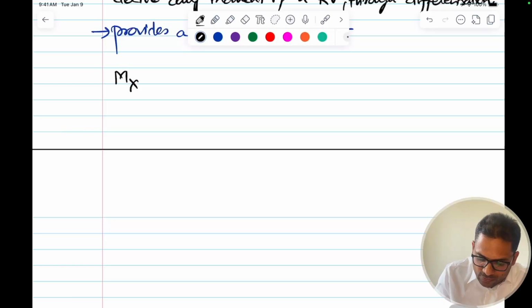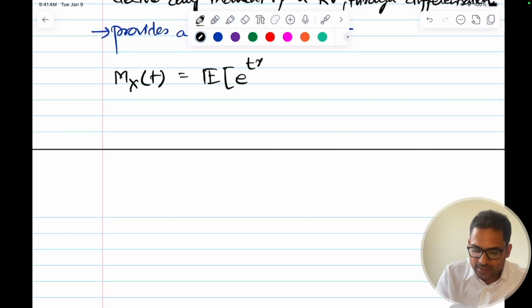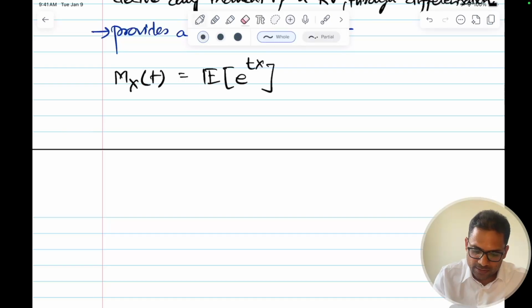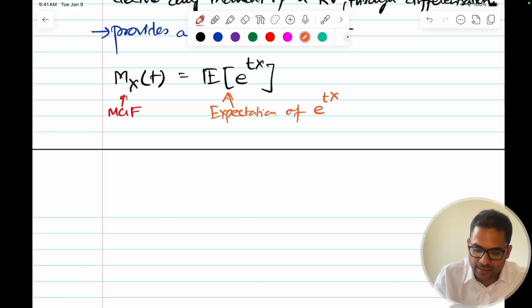The moment generating function of any random variable x is given by expectation of e to the power tx. This is the MGF, the moment generating function. This is the expectation of e to the power tx, and x is the random variable.